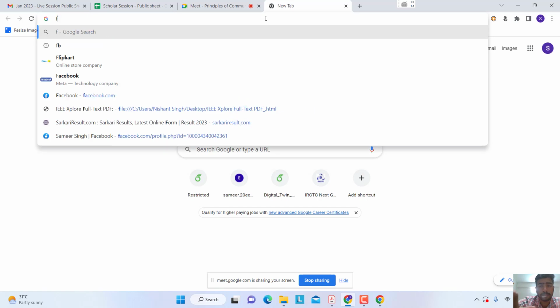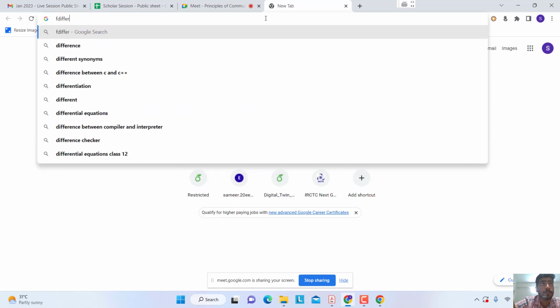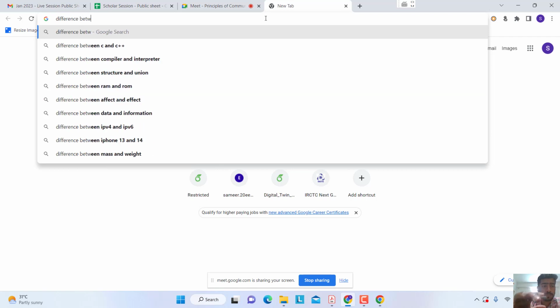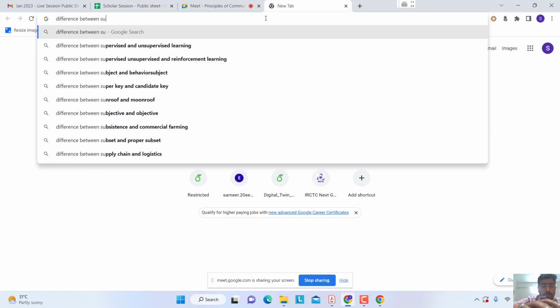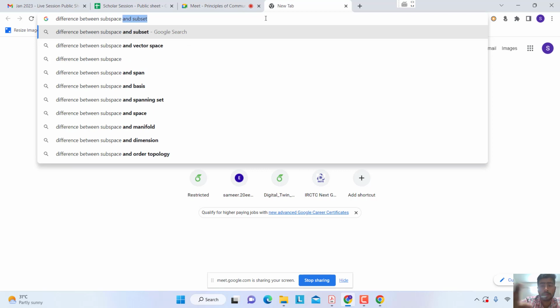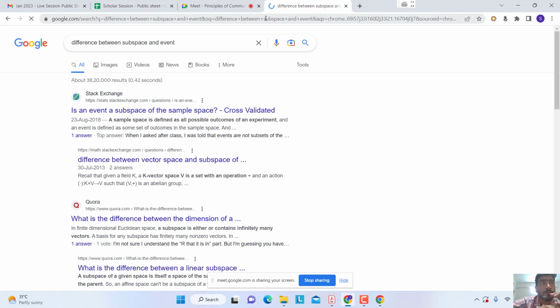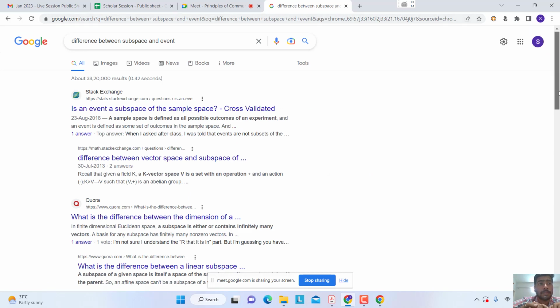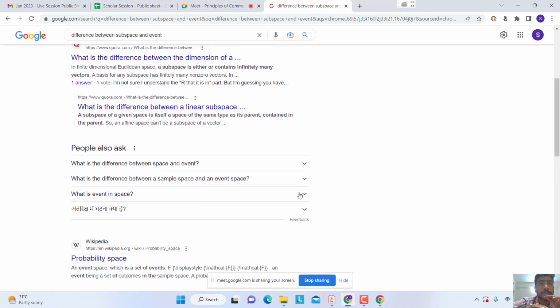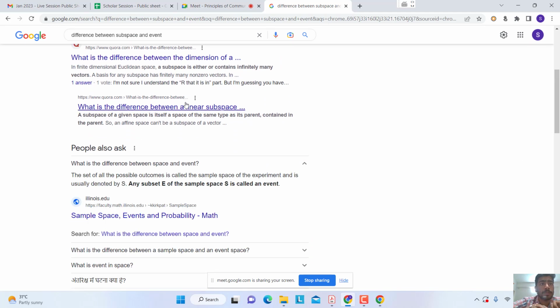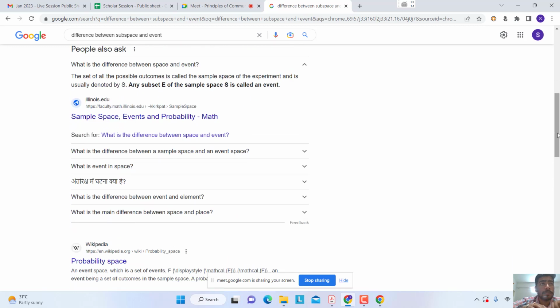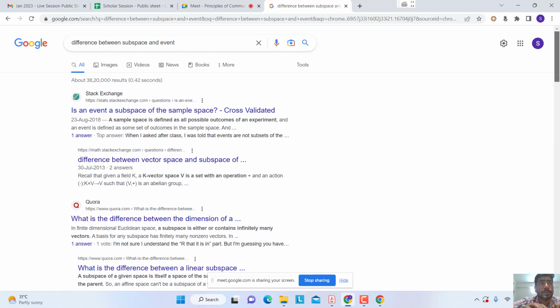Difference between subspace and event. What is the difference between sample space and event space?